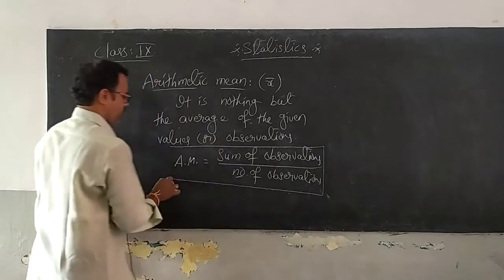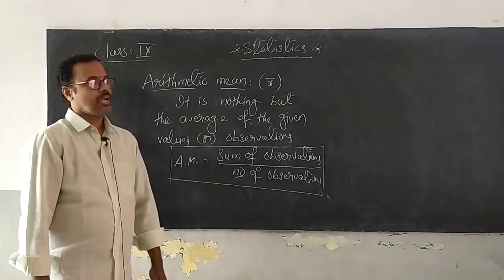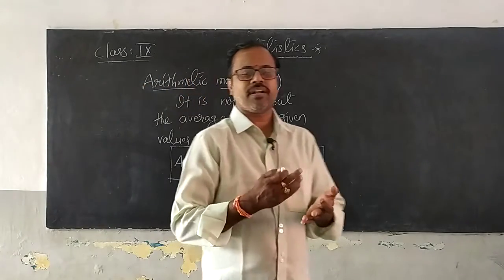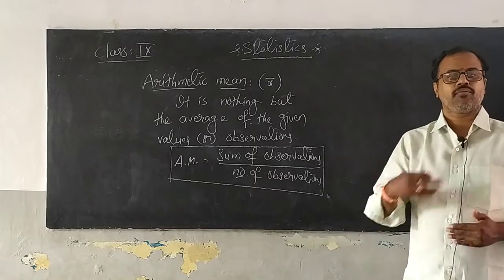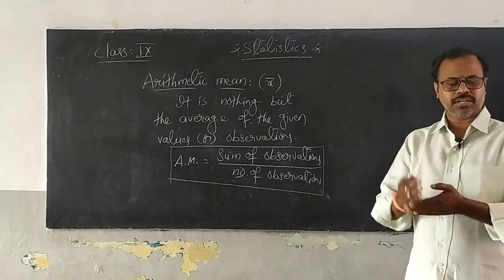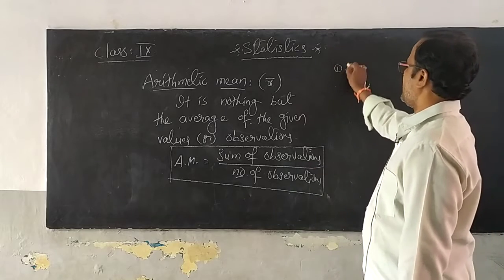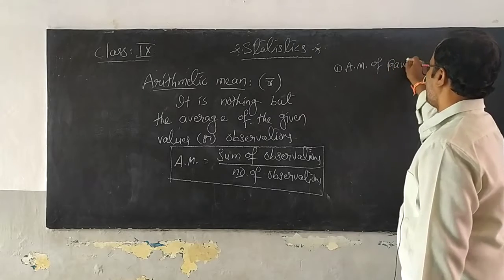This is the actual formula of the arithmetic mean. And here the arithmetic mean has three different varieties. In this year, the next year you will have one more variety. So what are the three different varieties you are learning here? The first one is arithmetic mean of raw data.